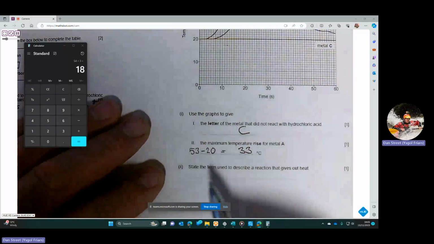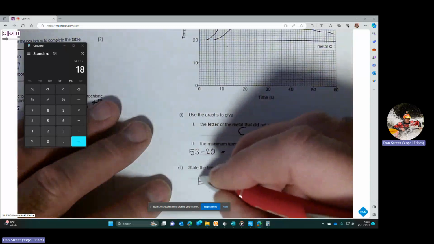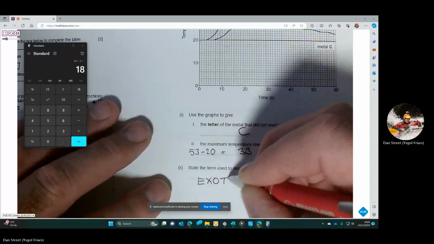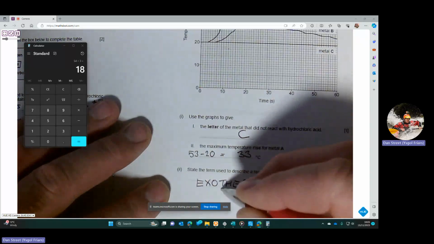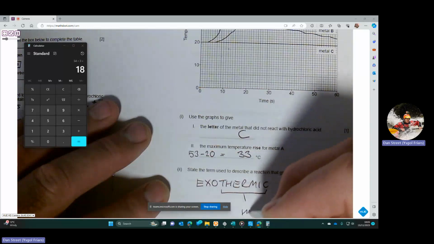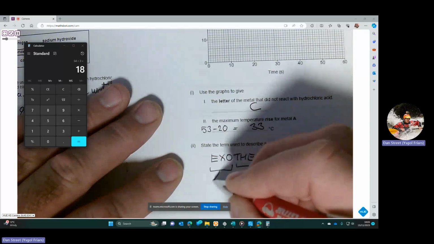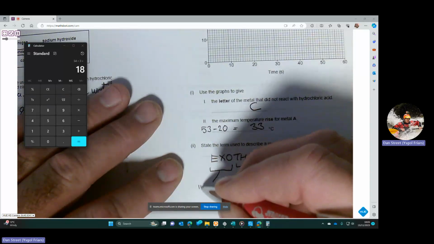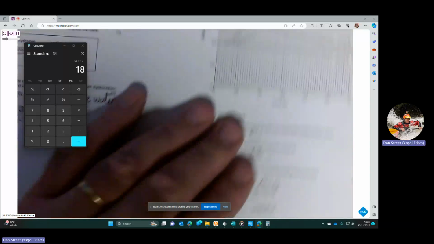Okay, and then state the term used to describe a reaction that gives out heat. Well, that's exothermic, where thermic is the heat and exo is out, as in exit is the way out. So heat is given out. I think that's the last part of that question.